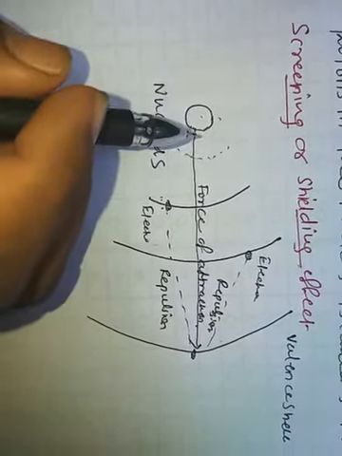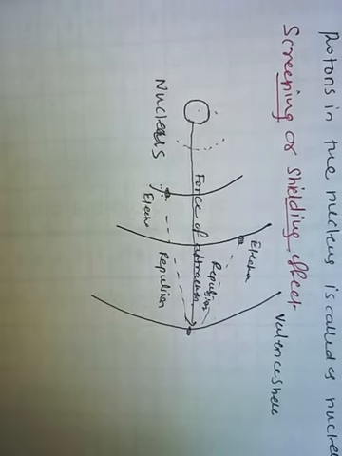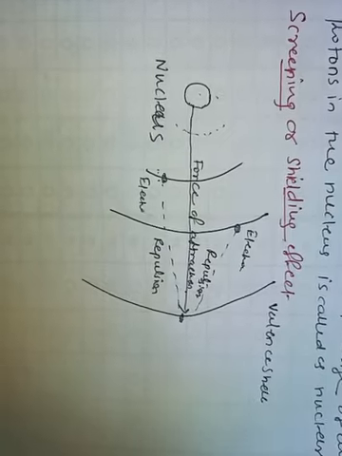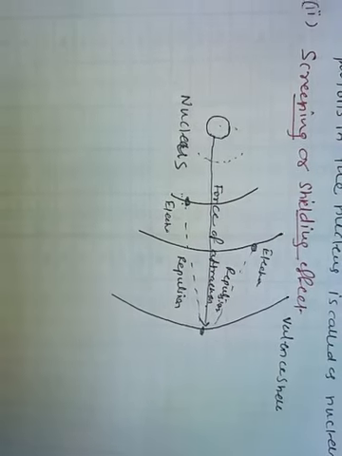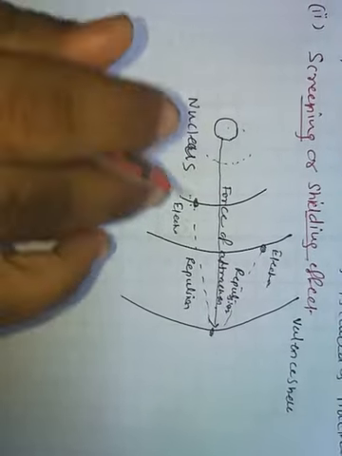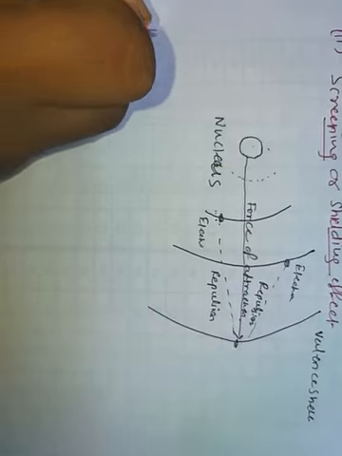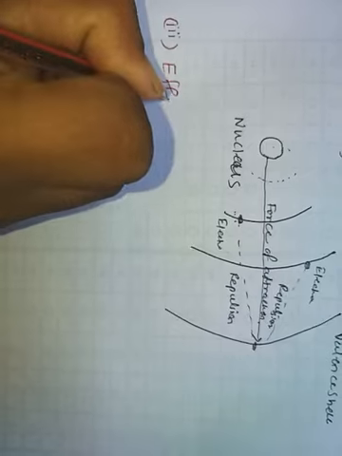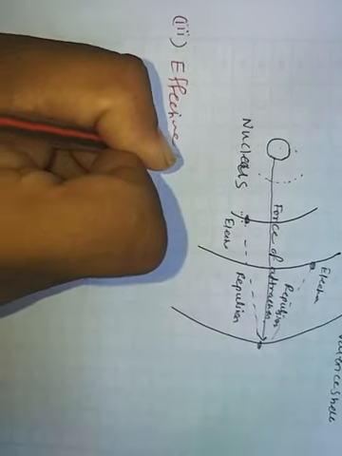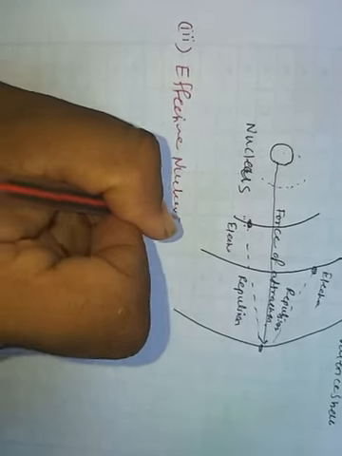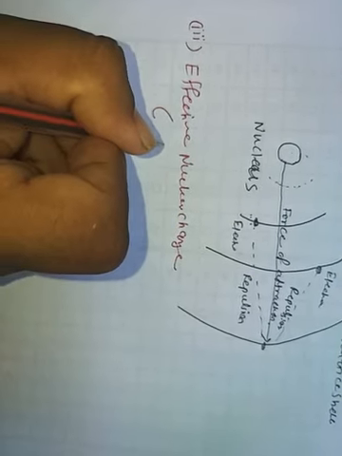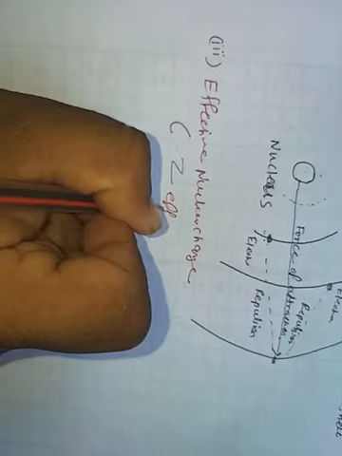Now we will discuss how effective nuclear charge works. The third part is effective nuclear charge. We can represent it as Z effective.